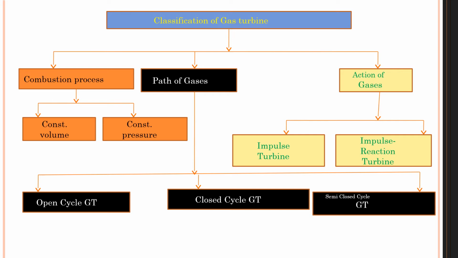For the path of gases, we have open cycle, closed cycle, and semi-closed cycle gas turbine. Based on the action of gases, we have impulse and reaction gas turbine. Let me repeat: the three factors are combustion, path of gases, and action of gases.